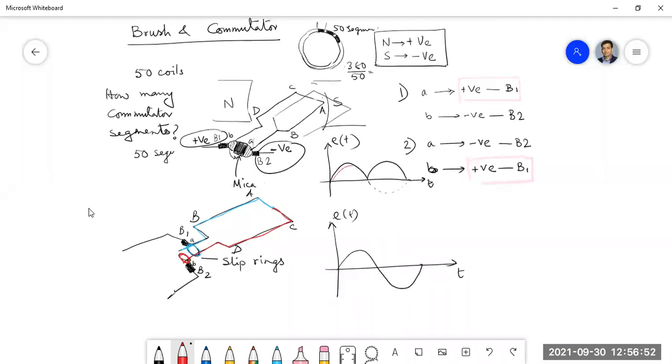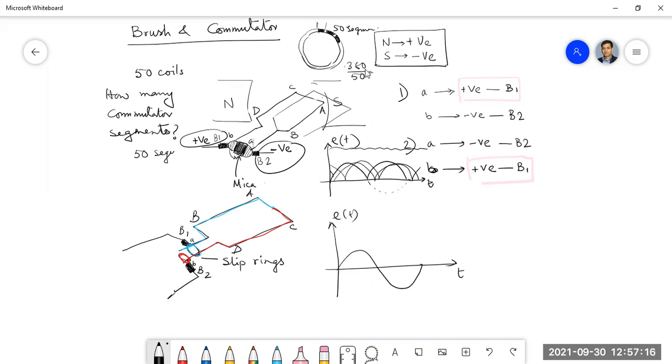If we have multiple coils, then we can reduce this ripple. So the ripple factor will be quite less. If we have multiple coils, then we will get ripple like this. Got it? So that is one thing.